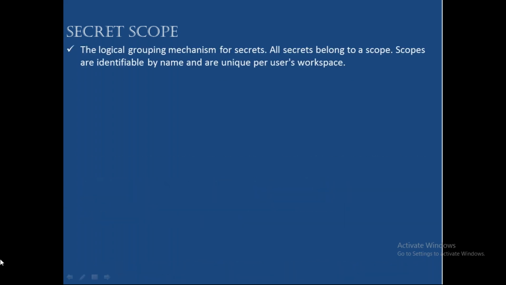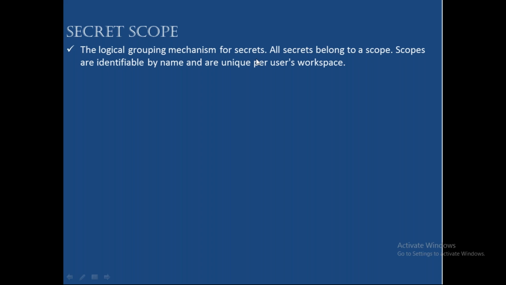For that, we need to do something called a secret scope. It is how you connect to the Key Vault from Databricks. For that, we need to create a secret scope. A secret scope is a logical grouping mechanism for secrets. You are just grouping the secrets, all the passwords. If you want to take them from the Key Vault, we need to have a scope.